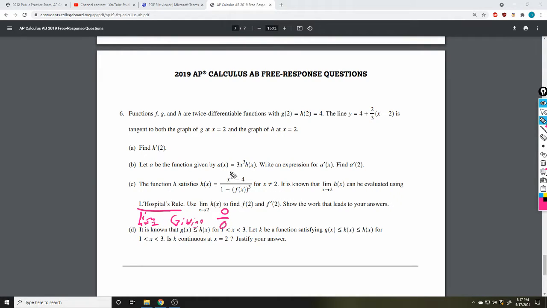So I already know that 2 squared minus 4 is 0. But that means that the bottom is also 0. That 1 minus f of x cubed is also coming out to be 0. All right, so that's thing number 1. Thing number 2 is that L'Hopital's rule can be used. So that means derivative of top over derivative of bottom is giving me my answer.